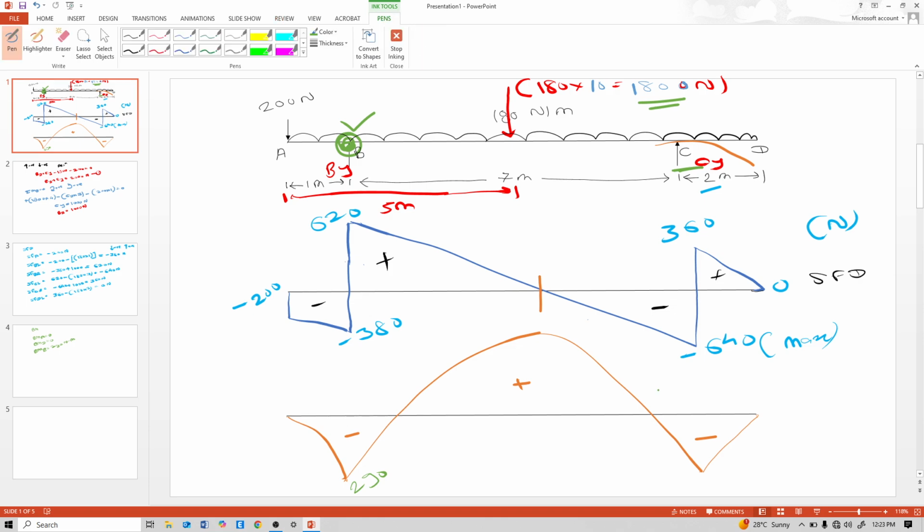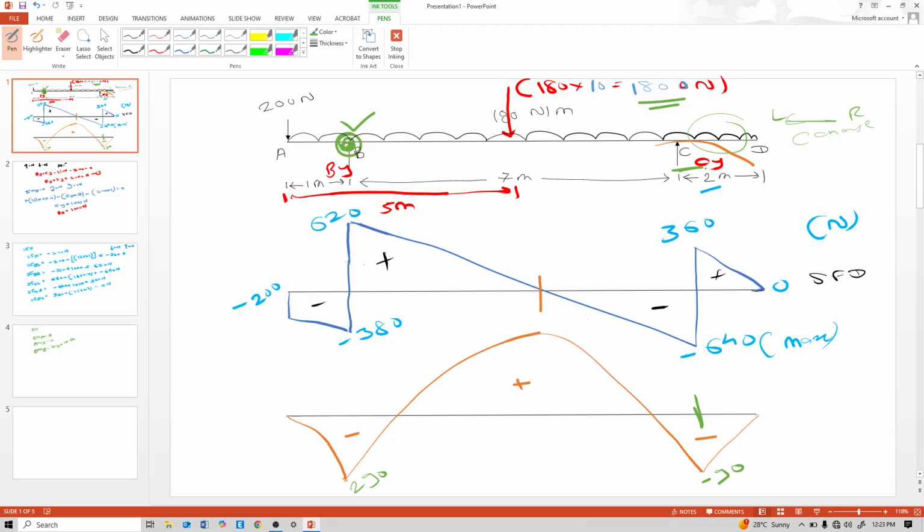Now calculate bending moment at this point C. See this load here, 180 is clockwise from right to left. Change the sign of the calculated bending moment. So this is clockwise, 180 into 1 into 1 by 2. So it is 90 positive, but change sign while calculating right to left. So minus 90.